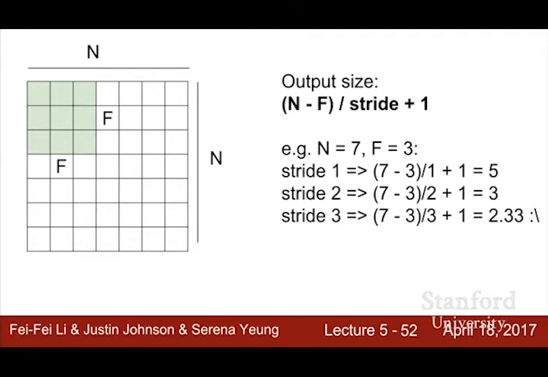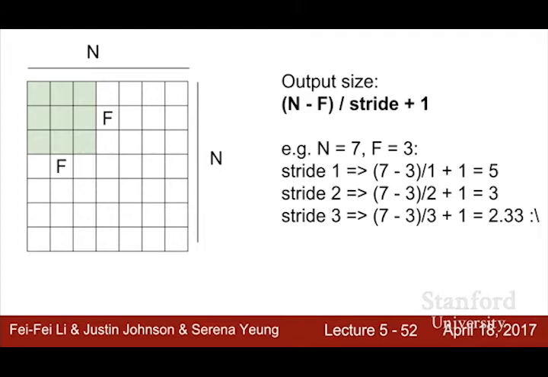You can see this as: if I take my filter and place it at the very last possible position, then take all the pixels before that, how many instances of moving by this stride can I fit in?